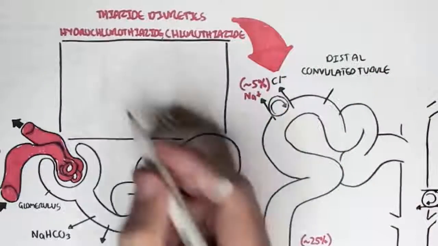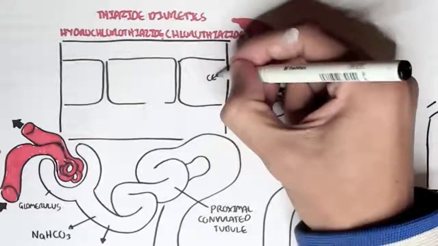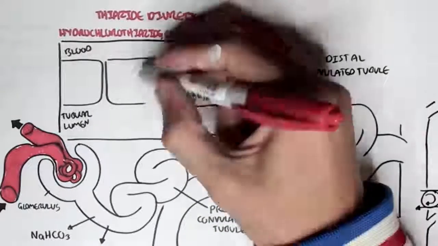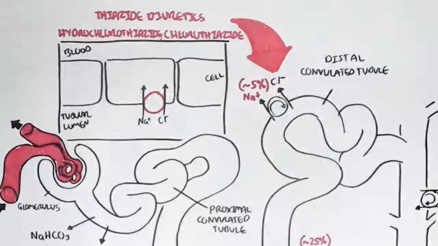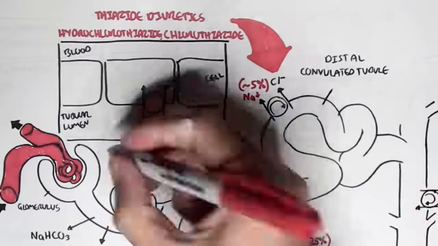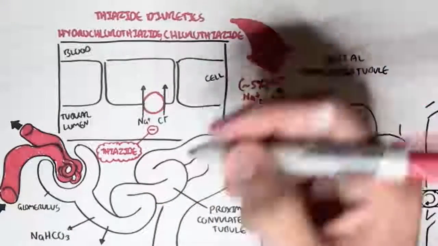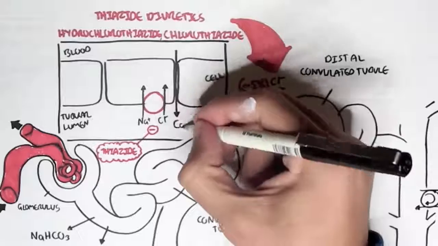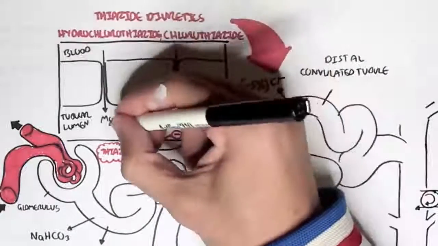So here we have the cell, with the blood on the outside and the tubular lumen on the inside. Thiazides essentially prevent sodium reabsorption by inhibiting this sodium-chloride transporter. In the long term, it will actually inhibit the secretion of calcium from the blood to the lumen, but it will promote the secretion of magnesium.